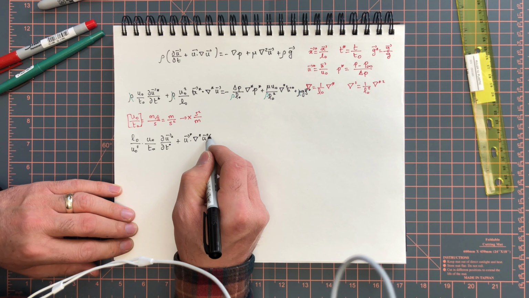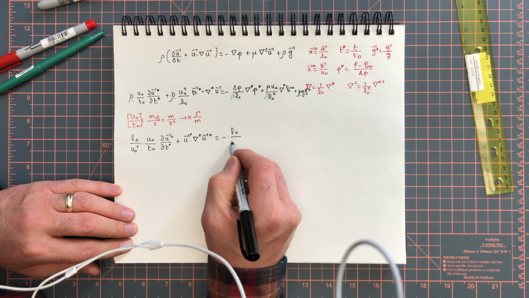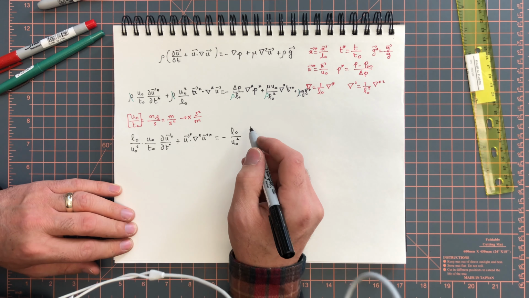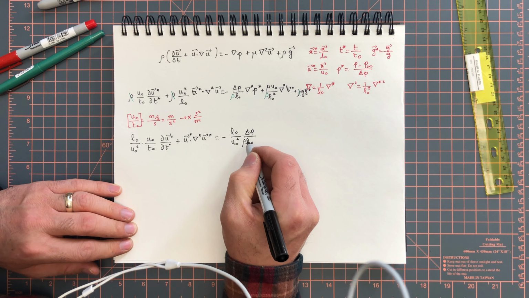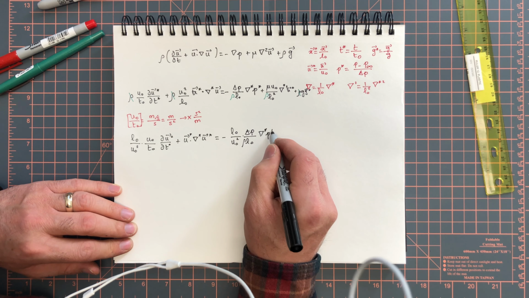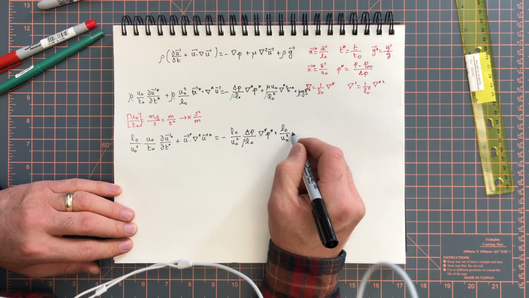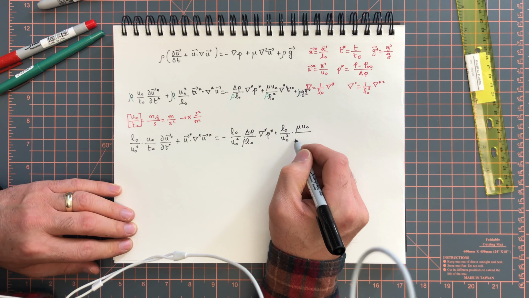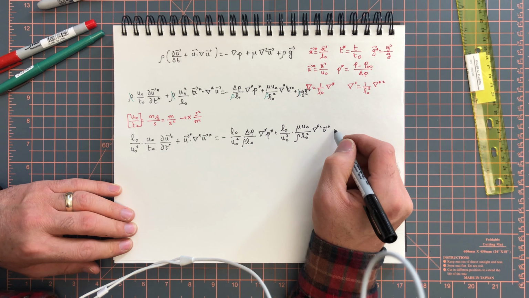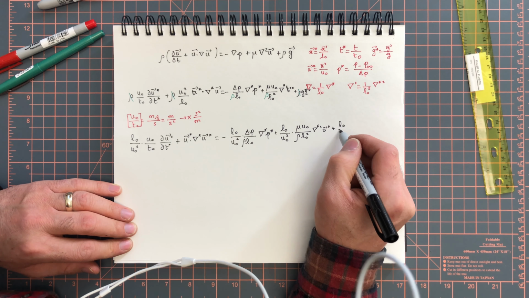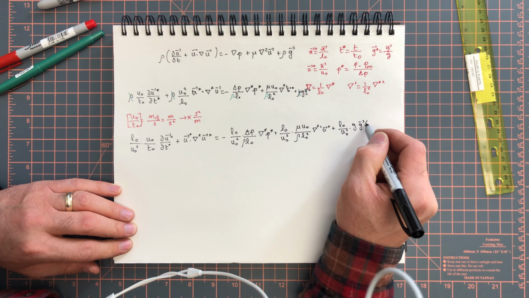U dot grad u is equal to minus, we have an L0 over U0 squared, correct, times delta P over L rho L0 grad P star plus L0 over U0 squared times mu U0 over rho L0 squared del squared U plus L0 over U0 squared times G star.